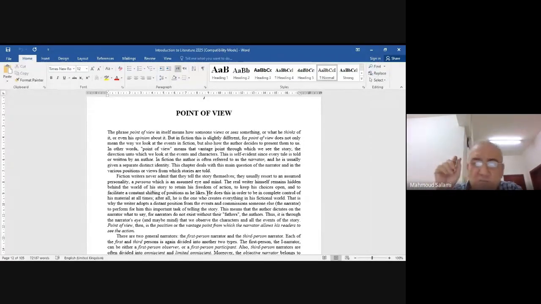But of course, we don't believe them because they are the ones who wrote it. So the real writer himself remains hidden behind the world of his story to retain his freedom of action, to keep his choices open, and to facilitate a constant shifting of positions as he likes.